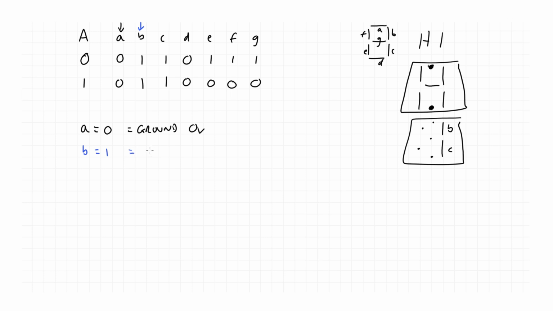It's always logic 1, so we connect that to 5 volts. As you notice, segment C is the same as segment B. C is always on, D is always off, and A and D are the same. So A equals D and B equals C because they are the same all the time.